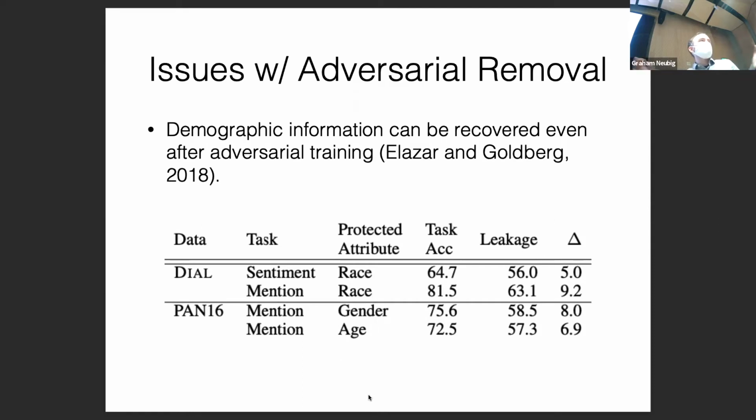It gets to a certain point where you're able to fool this particular adversary that you trained, but if you retrain a separate adversary, it's still able to identify information about the protected attributes. So there are also methods that iteratively remove the information about the protected attributes as well.